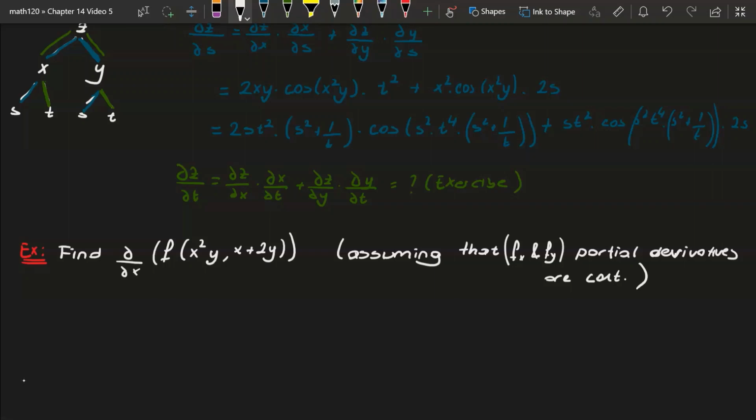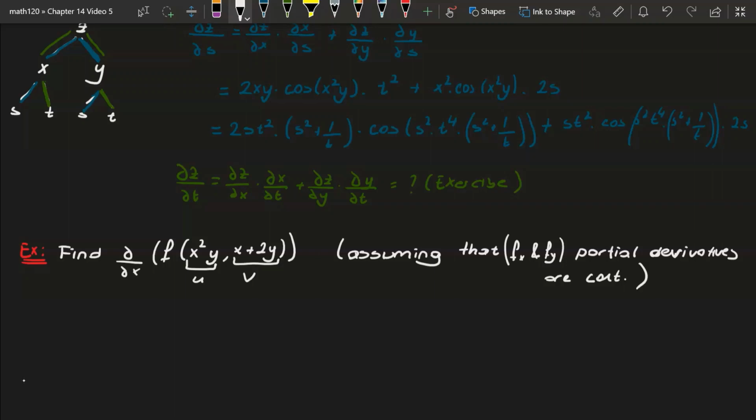Okay, so here we have a function f. Let me call the coordinates x squared y and x plus 2y, u and v. You see, we have f of u, v. We are asked to find the partial derivative of f of u, v with respect to x, where u and v are functions of x and y.